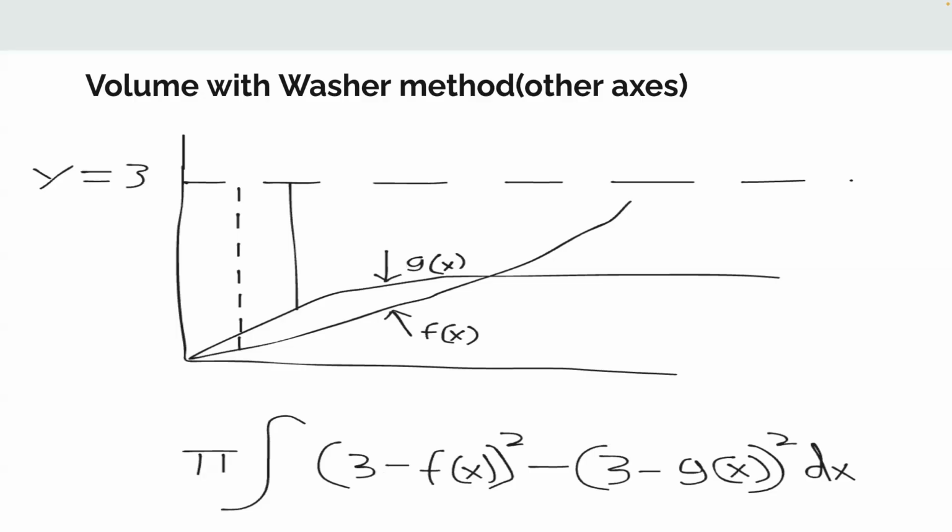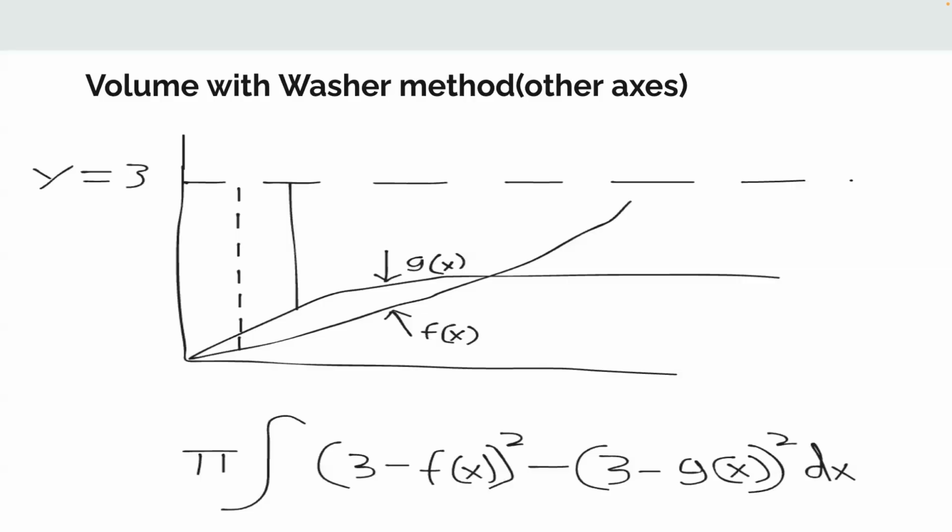In this case, the outer curve is f of x, and you want to find the distance between the y equals 3 line and f of x. That's the first dotted line that I drew. So that's 3 minus f of x, squared. Then you want to find the distance between the dotted line, y equals 3, the axis of rotation, and the second curve, the inside curve. That'll be g of x. So you subtract 3 minus g of x, squared. And then you find the integral of that. And that's about it.